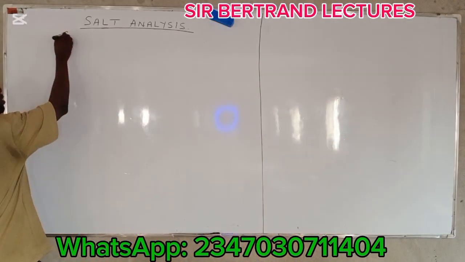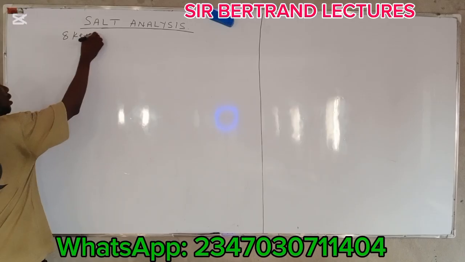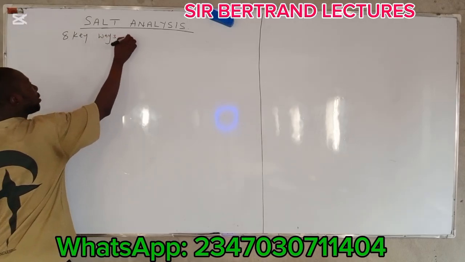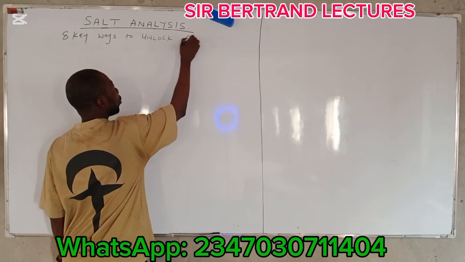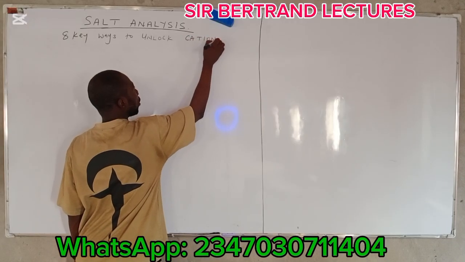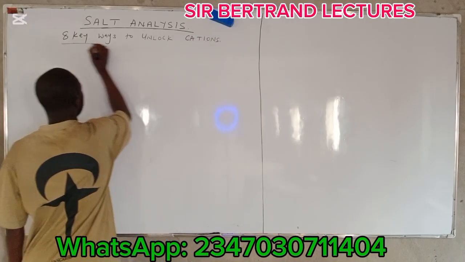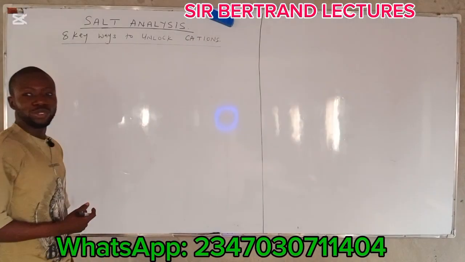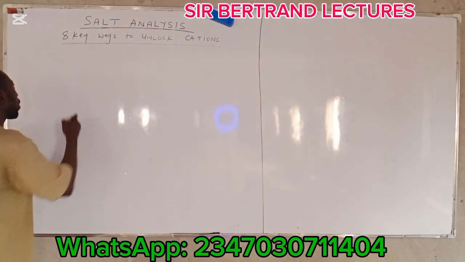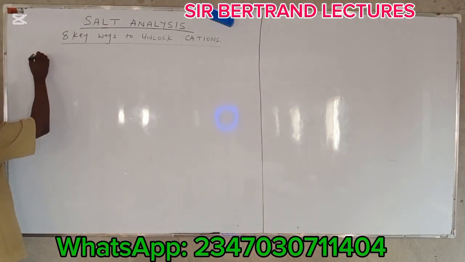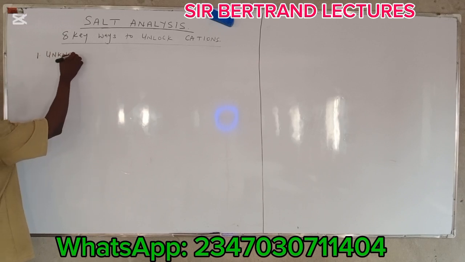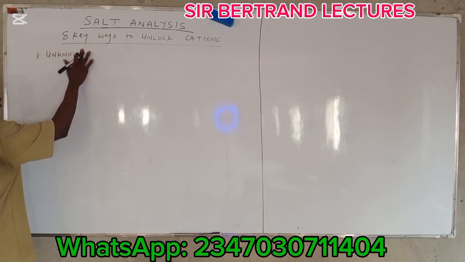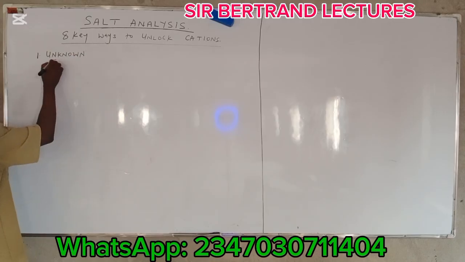Here, let's look at the 8 key ways to unlock cations present in an unknown salt sample. Okay? Number 1, we have our unknown salt.